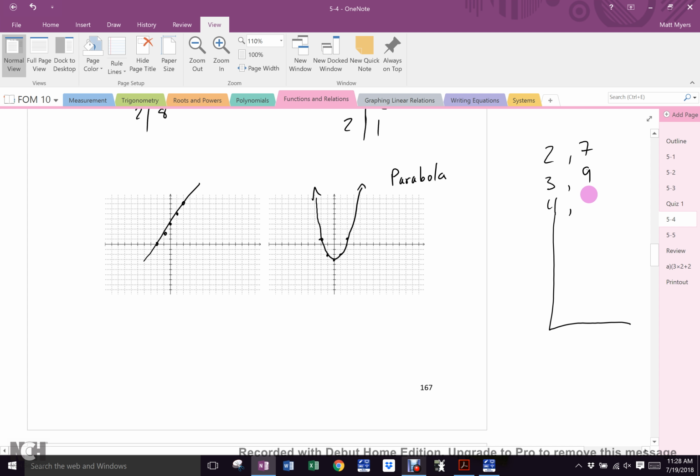What's the next point going to be? 11, thank you. You would graph it, 1, 2, 3, 4, 5, 6, 7, 8, 9, 10, 11, with points 2, 7, 3, 9, 4, 11, and just label one of the points, and I will know what you are doing. Does everyone understand? You needn't make it perfect.